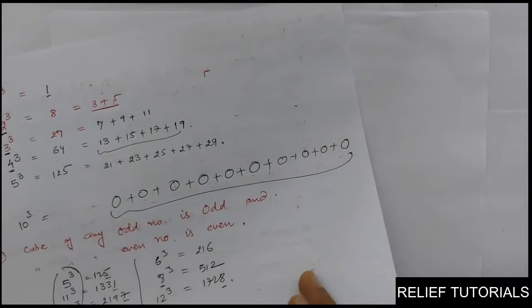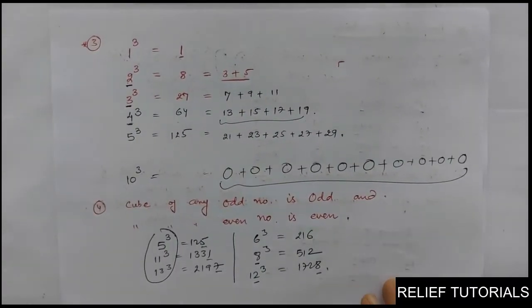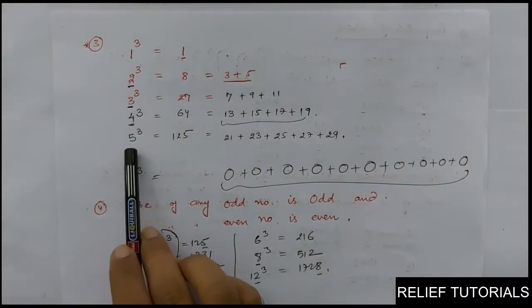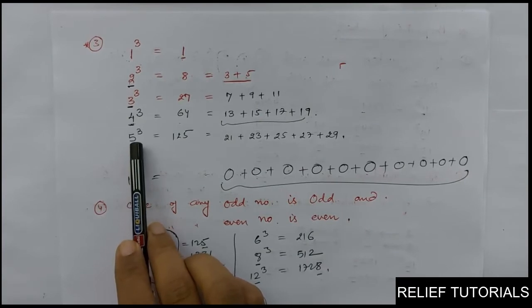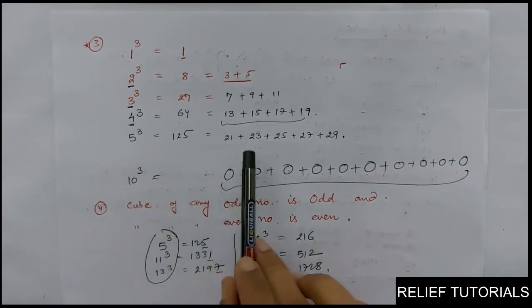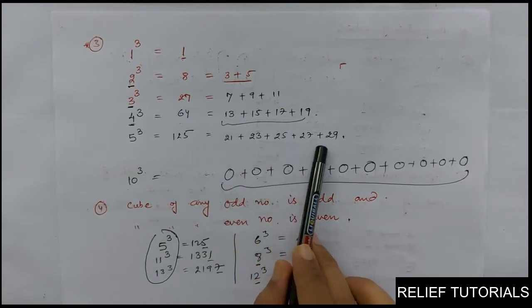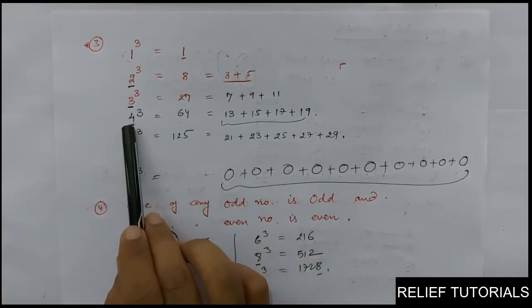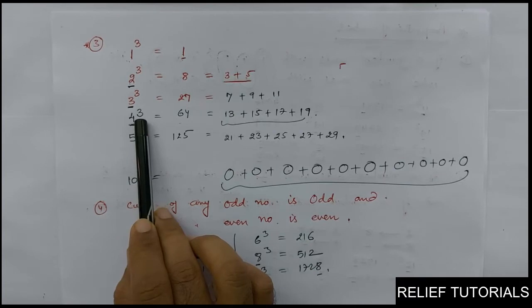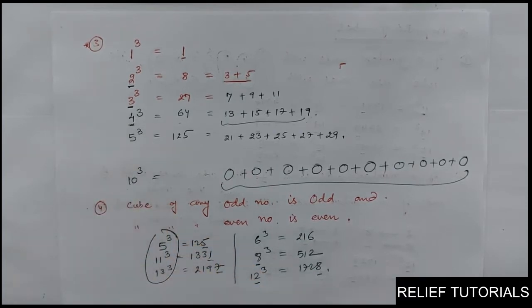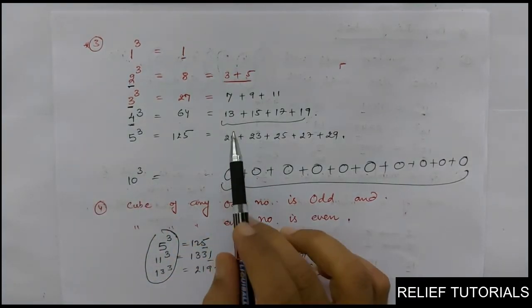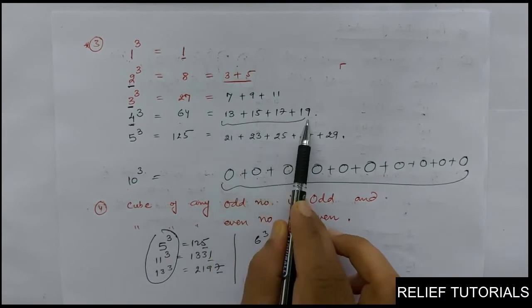Then we have seen that the cube of any number can be represented as the sum of that number of odd numbers, like 4 cube. It's a cube of 4, so it can be written as the sum of 4 odd numbers.